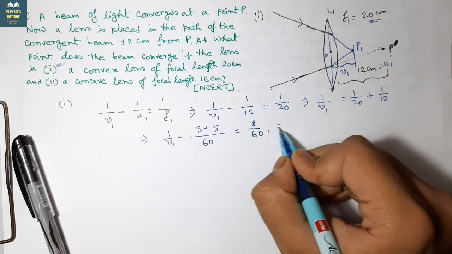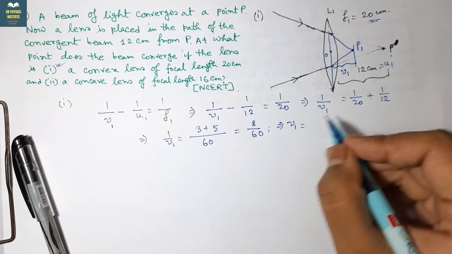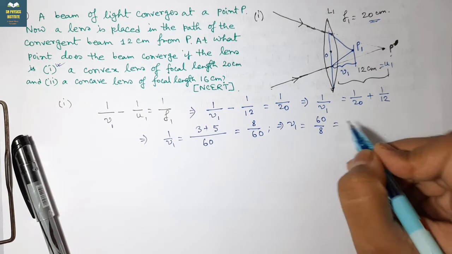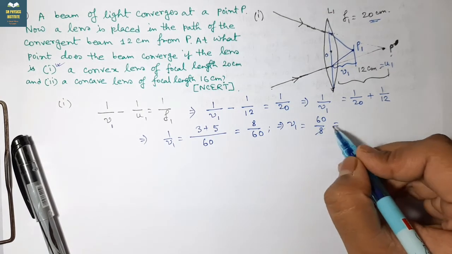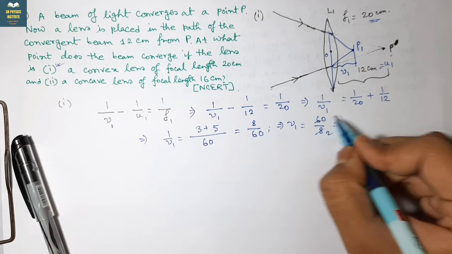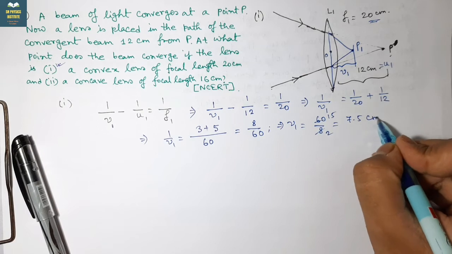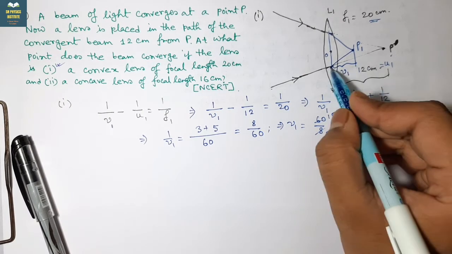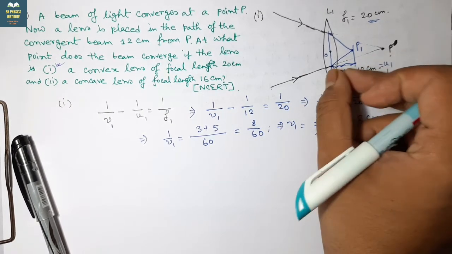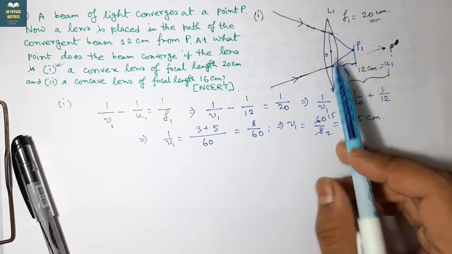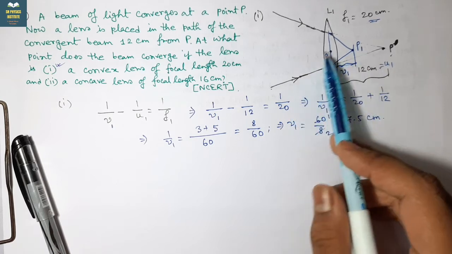So V1 is equal to 60 by 8, which is 15 by 2. So V1 value is equal to 7.5 centimeters from the optical center. This is positive, that means along the incident ray.